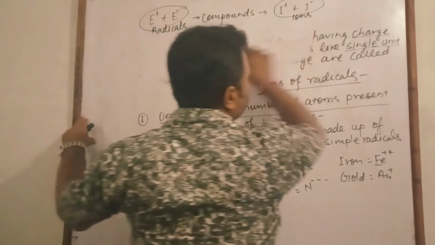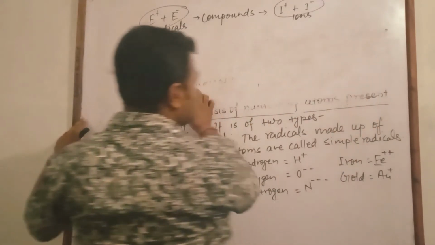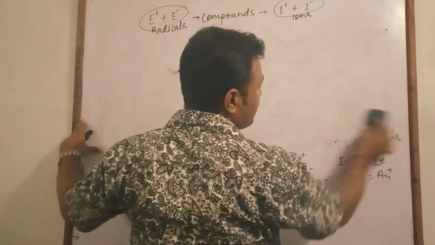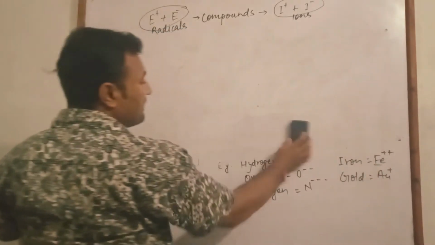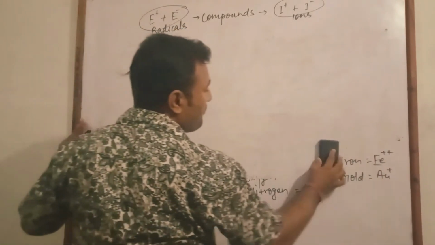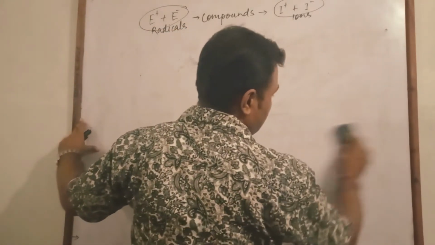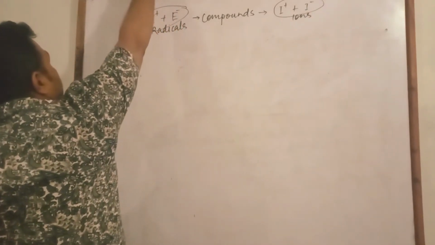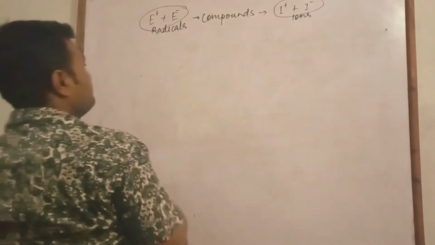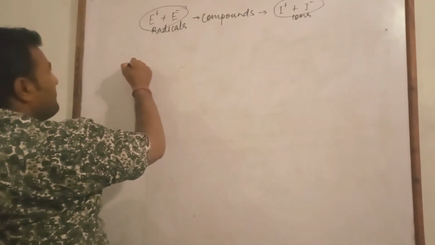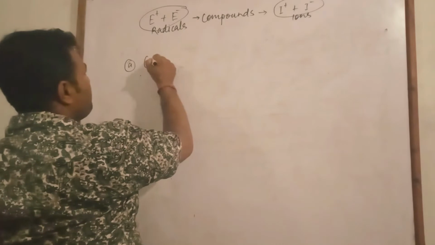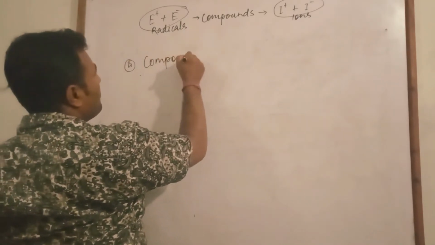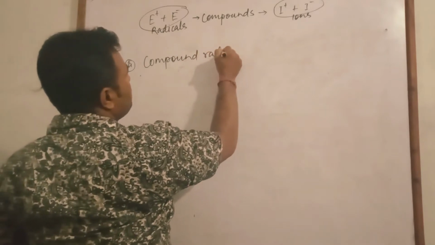After that, some radicals are made up of more than one atom. That type of radicals are called compound radicals. How do we define compound radicals? The second type of radical is compound radicals.